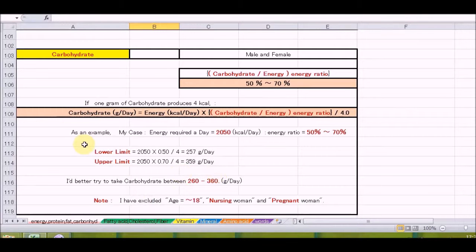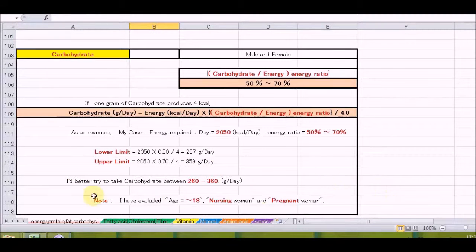For example, in my case, energy required 2050, and energy ratio here, lower limit, and so 257, upper limit 359 gram per day.